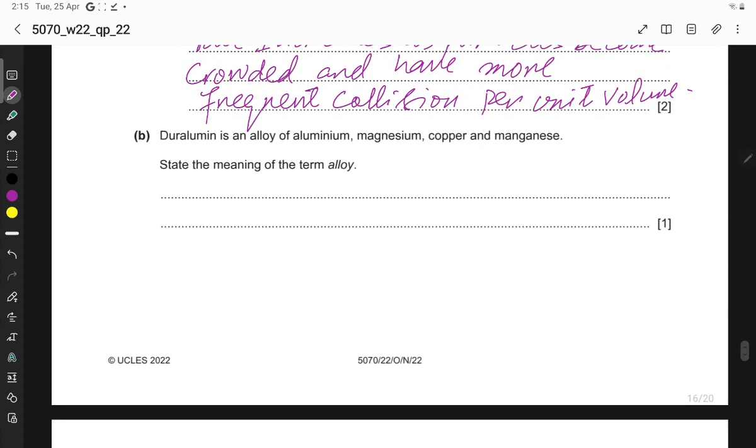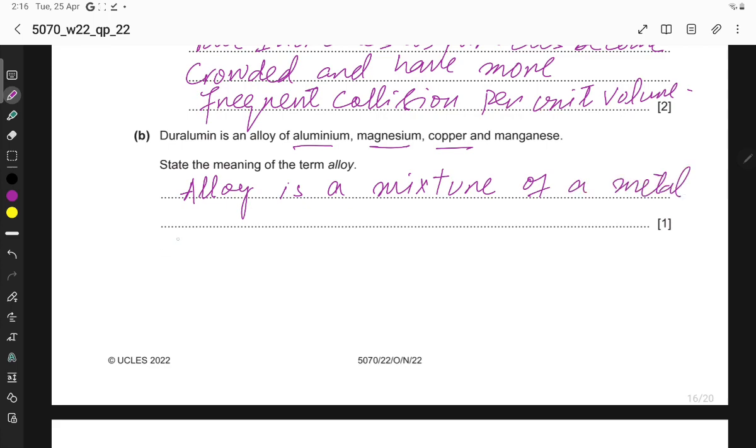Duralumin is an alloy of aluminium, magnesium, copper, and manganese. State the meaning of the term alloy. Alloy is a mixture. Duralumin is an alloy of aluminium, magnesium, copper, and manganese, a mixture of four metals. So alloy is a mixture of metal with other element.